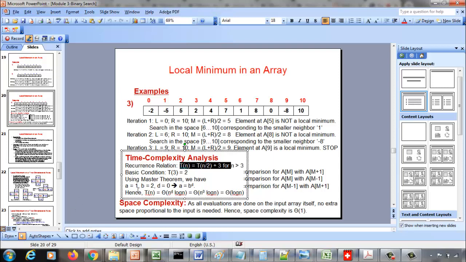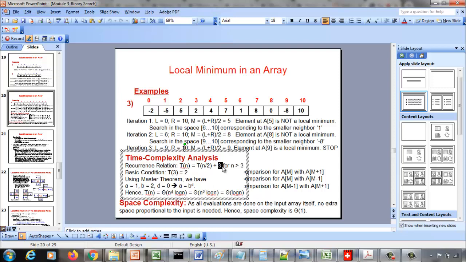So if T of n equals T of n over 2, this part is going to be the same always for binary search. You solve only one subproblem, so it's 1 times T of n over 2 plus the time you spend to decide whether to go with the left search space or right search space. And if that's a constant like 1, 2, 3 or whatever number, it's independent of n, the problem size.